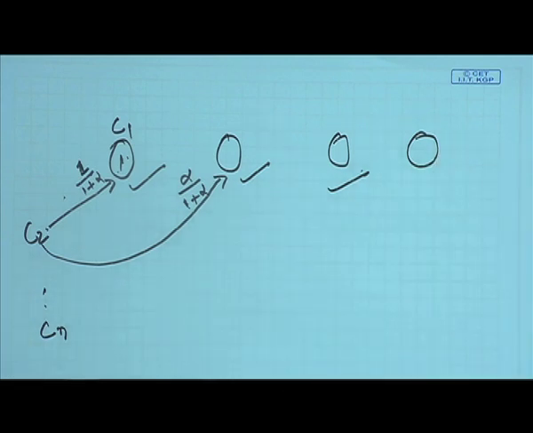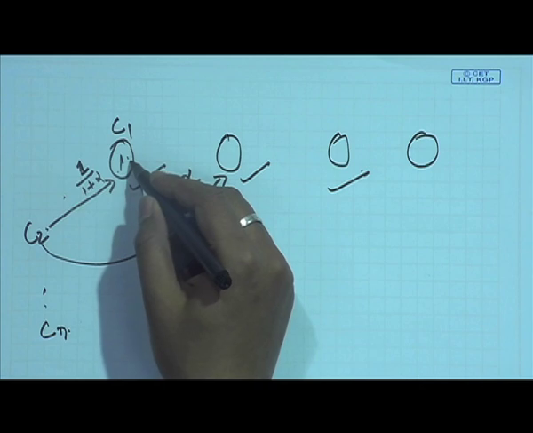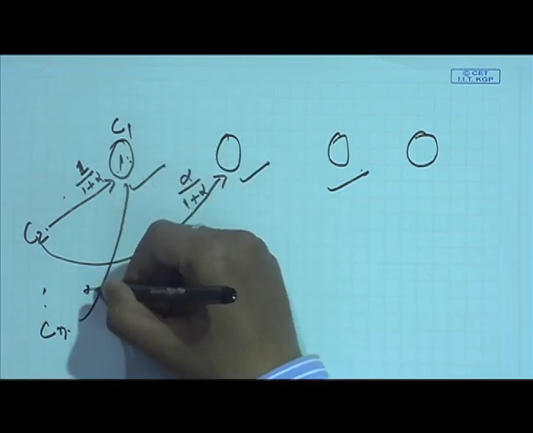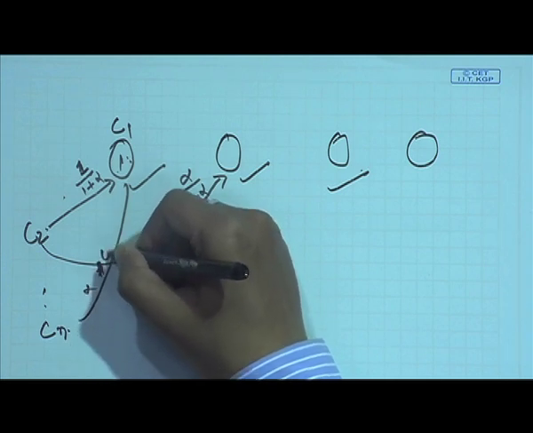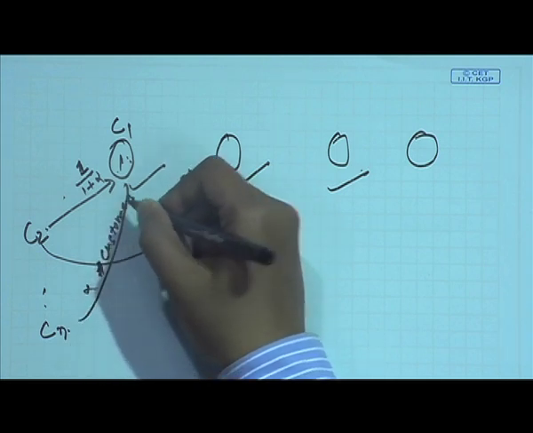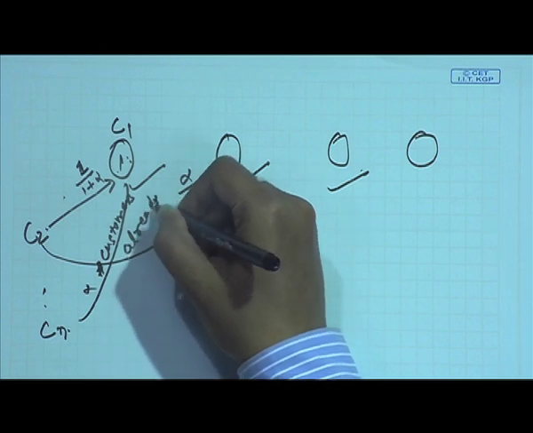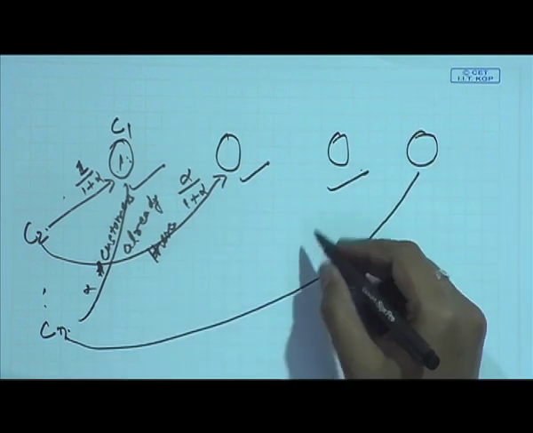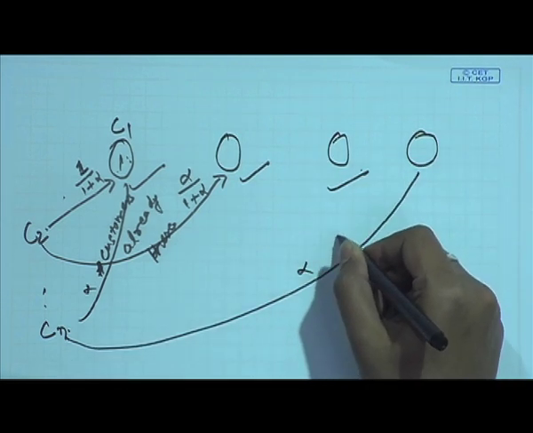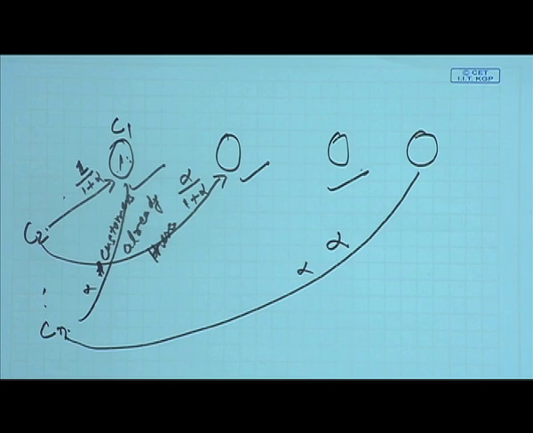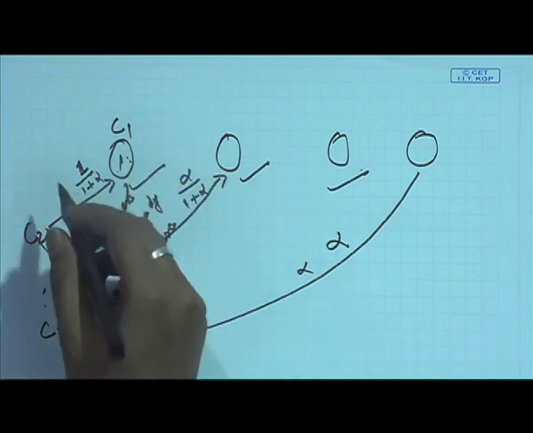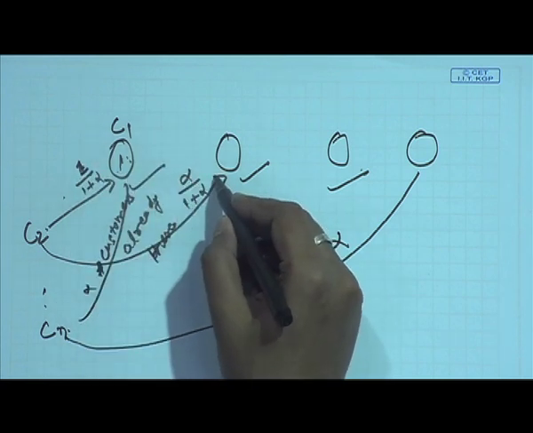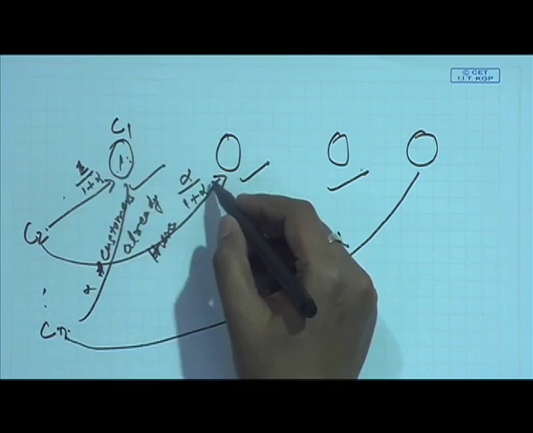So it can sit on any of the occupied tables with a probability proportional to the number of customers already there, and on a new table with a probability proportional to alpha. Remember that's what we did here. This is proportional to 1, this is proportional to alpha, and then we normalize and get 1 divided by 1 plus alpha, alpha divided by 1 plus alpha.